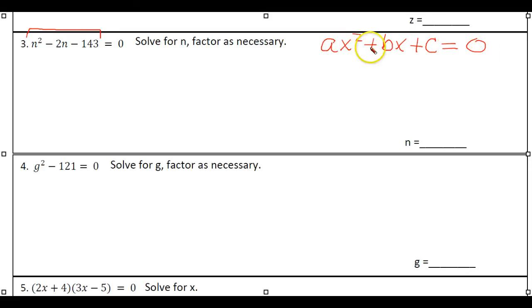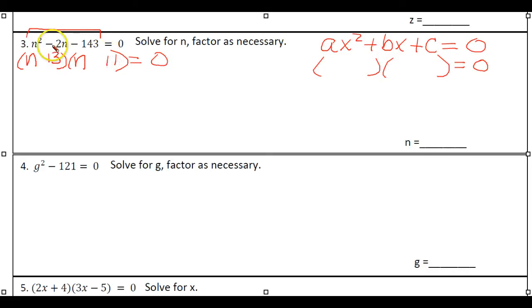Now to solve it from this form, we have to factor this. So that's what we're going to do here. Our a value is a 1, so this makes it a little easier. This is going to be n and n. And I happen to know the factors of this are 11 and 13.